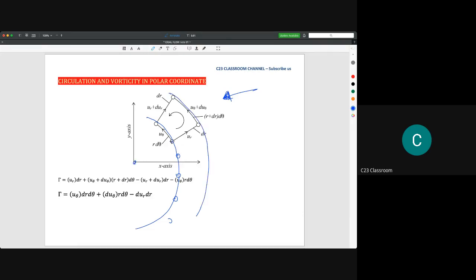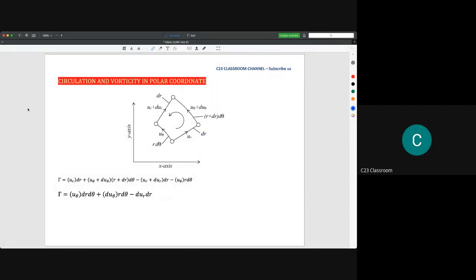We assume that it has a velocity of u theta in this direction, and this is the velocity in the radius direction, which is ur. The distance here is dr, and the distance here is r d theta. I hope you could imagine this diagram.